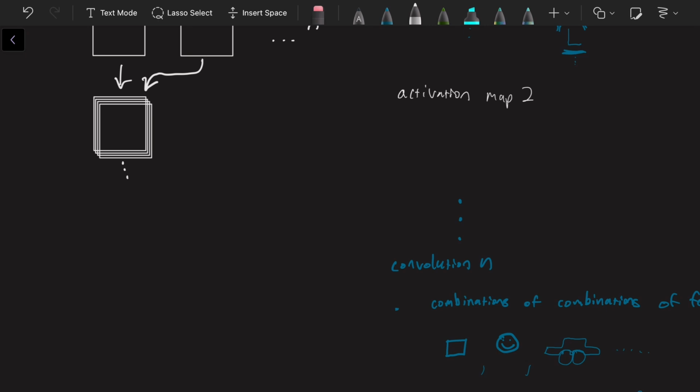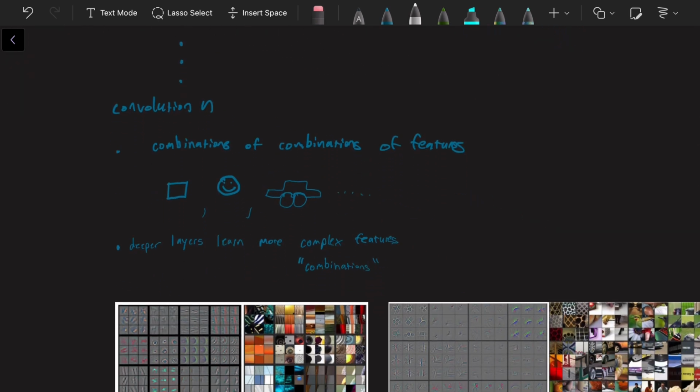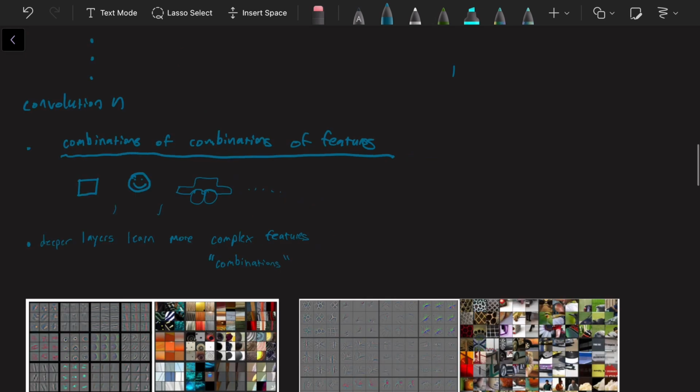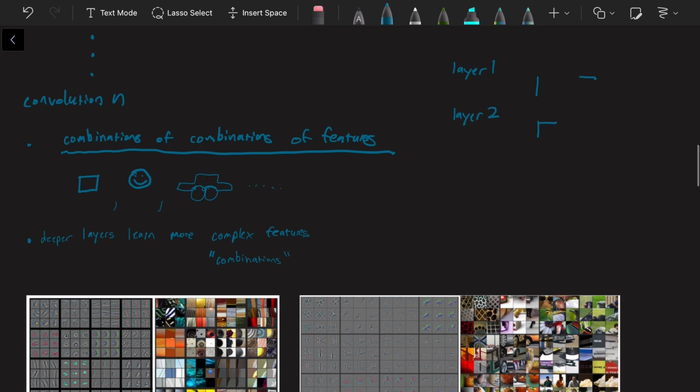And as you get deeper and deeper into your network, the key intuition is that you're going to start to detect combinations of features, right? So in layer 1, we were looking for things like vertical lines or horizontal lines. In layer 2, we're looking for combinations of these features, right?